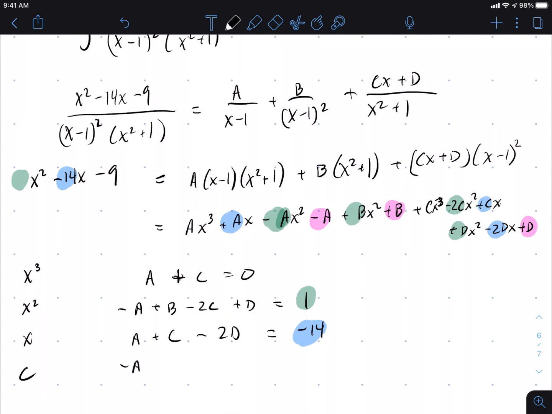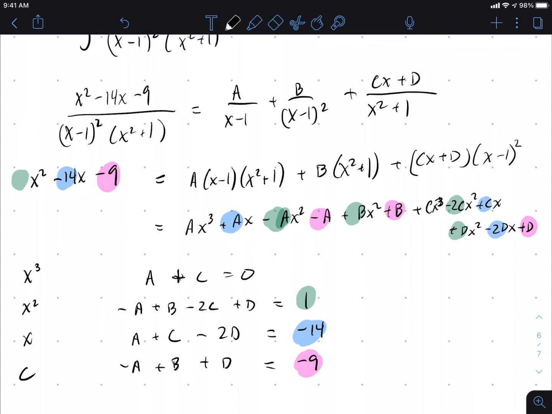So minus a plus b plus d is equal to negative 9. All right, we okay?